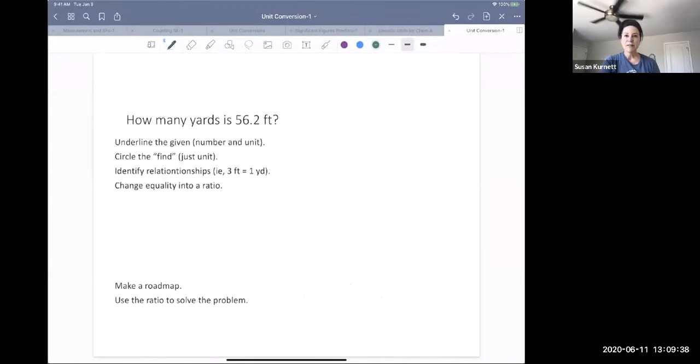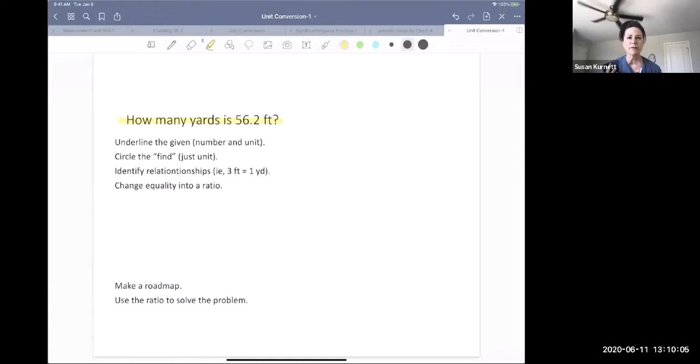Okay, so this is the pattern we're going to do. Sometimes I have difficulty convincing students to do it my way, but just do it my way. Because I have my calculator. And if I'm asked how many yards is 56.2 feet, I would type in 56.2, and then I would either multiply or divide.